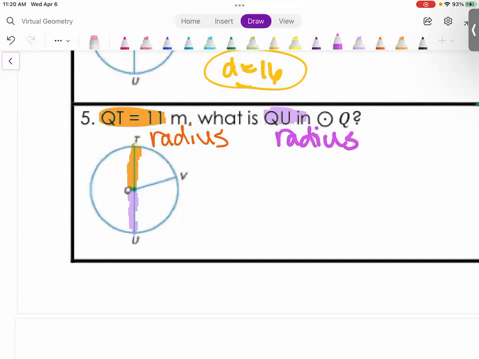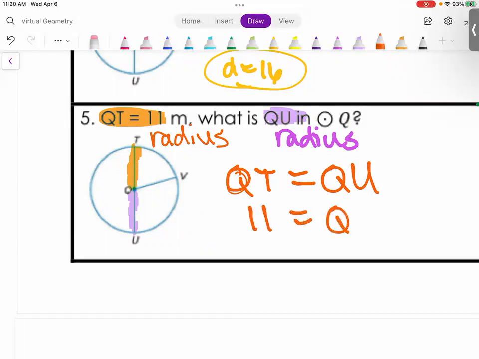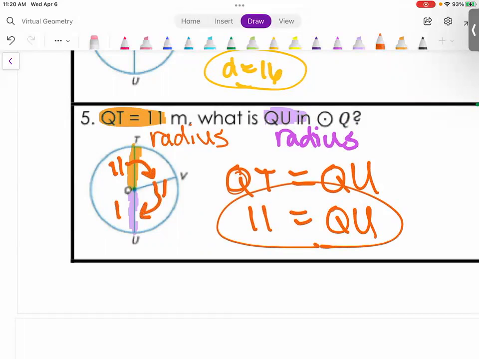If I know the length of one radius, I know the length of both of them. So QT has to equal QU. If QT is 11, so is QU. If one radius is 11, all the radius segments are 11.